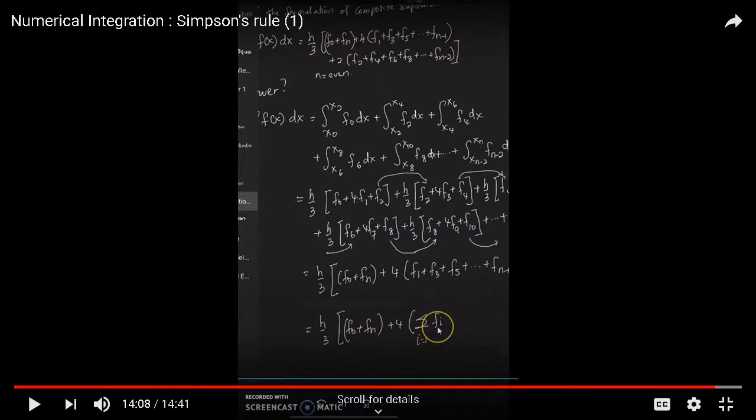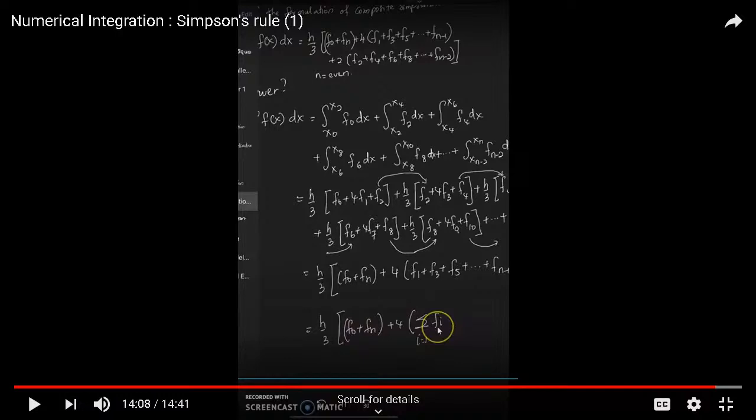In the numerical method, the formula of the composite Simpson's rule is based on 4 times the odd values of fi and 2 times the even values, f2, f4, f6, f8.